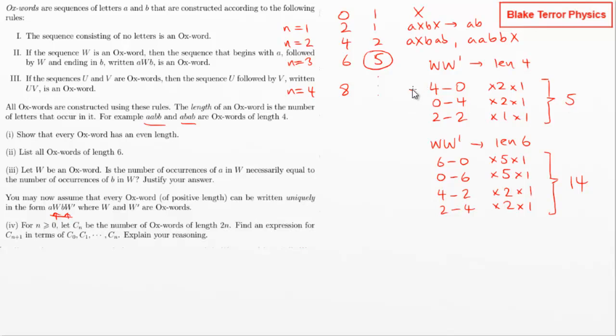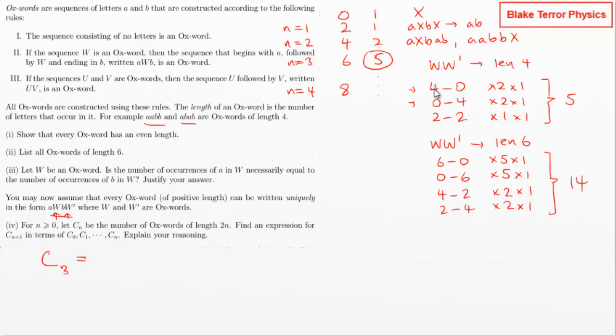So this 4, 0 and 0, 4. So 4, this is the number of words of length 4. So that is the previous number. So if we're working out C, when we were doing this one for Cn, so C3, let's say C3.